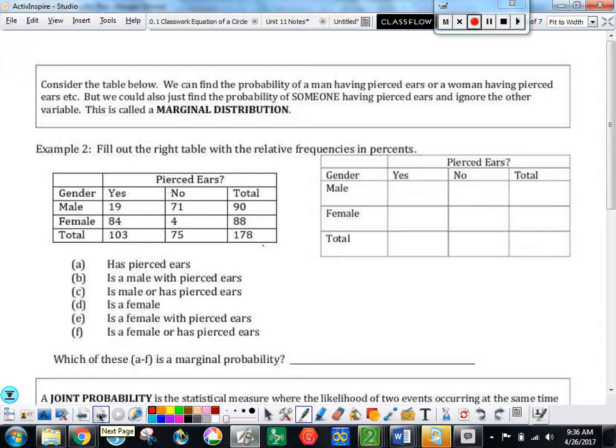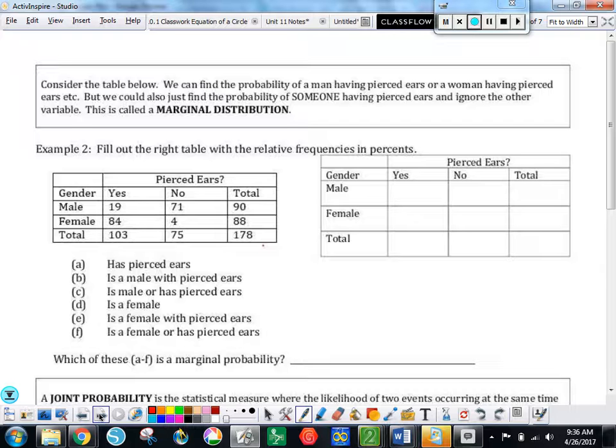All right. So consider the table below. We can find the probability of a man having pierced ears or a woman having pierced ears, etc. So we can look at the two variables. Again, this is a two-way table, really the piercing versus gender. Gender is a really easy way for statistics to be pulled apart.